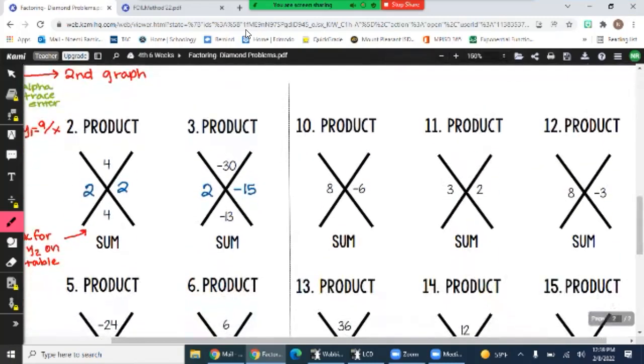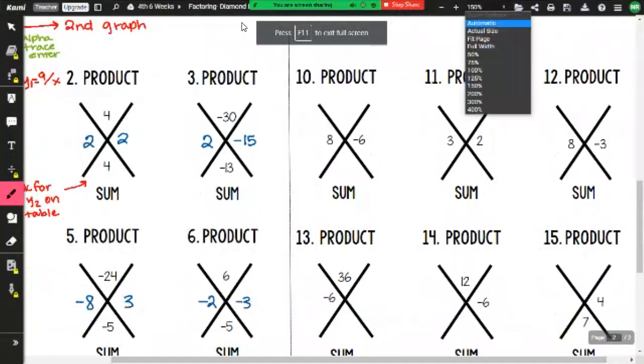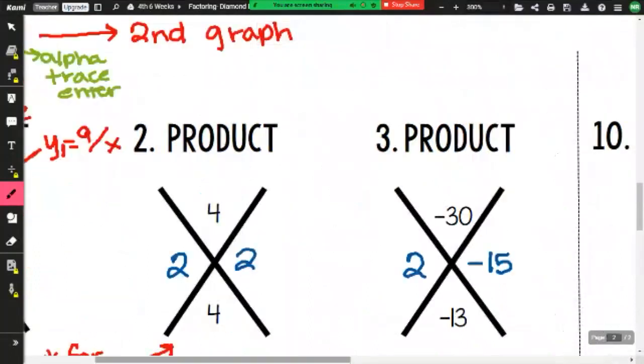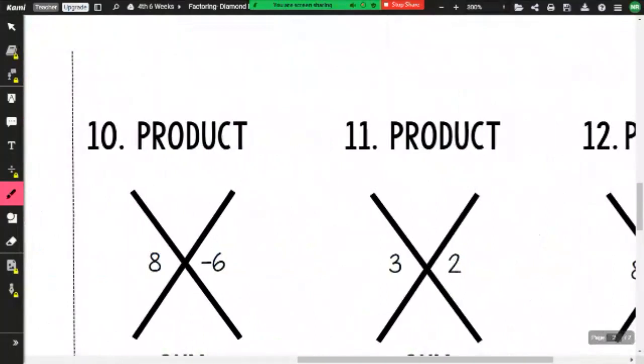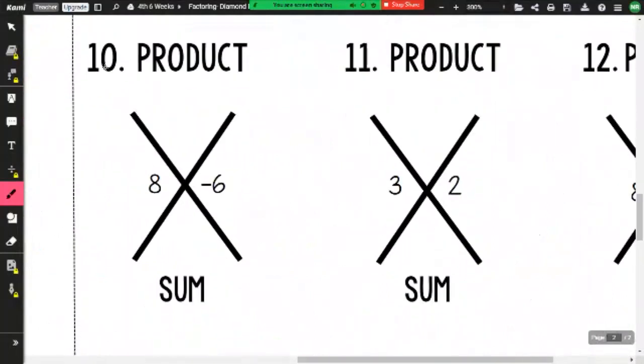Number 10, let's say I actually give you the answers to the diamond. Let's say you start off with the answers. This should actually be easier if you think about it, because you take those 2 numbers and do what to create this one? You multiply them. So what is 8 times -6? And then you take those same 2 numbers and do what to create the bottom?